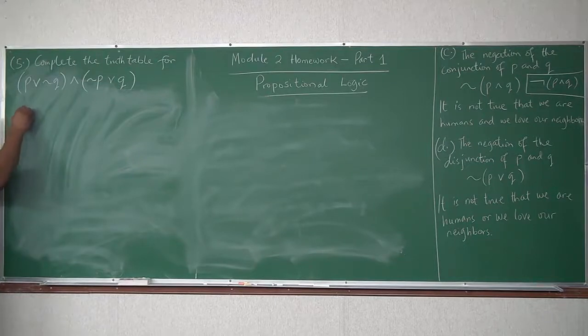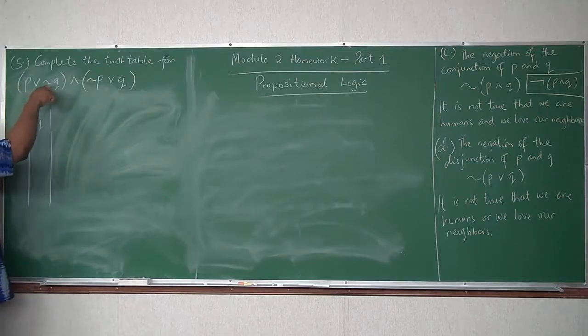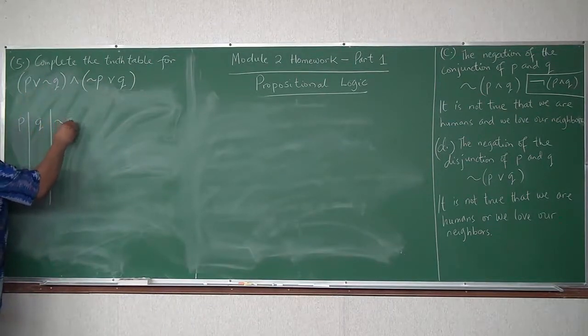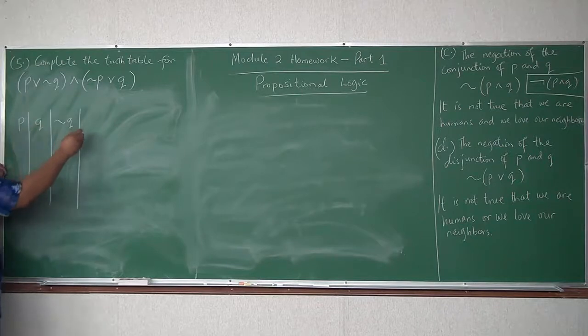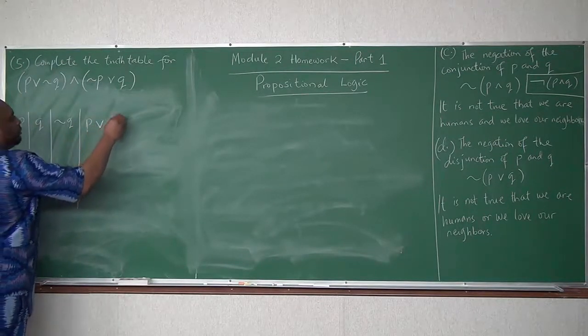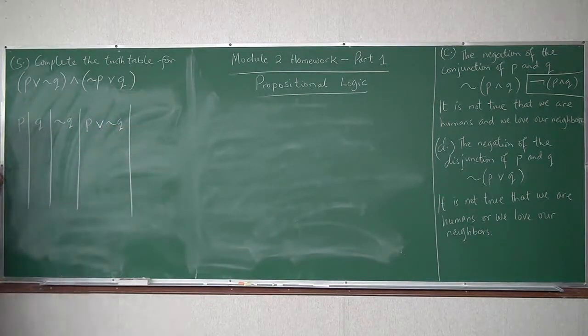We have P first, we have our Q, then we have not Q, then we have P or not Q. Please don't mind my dog barking in the background.